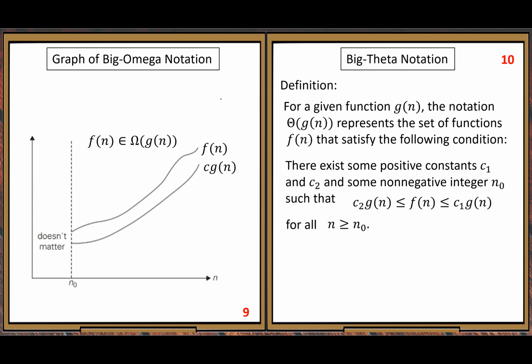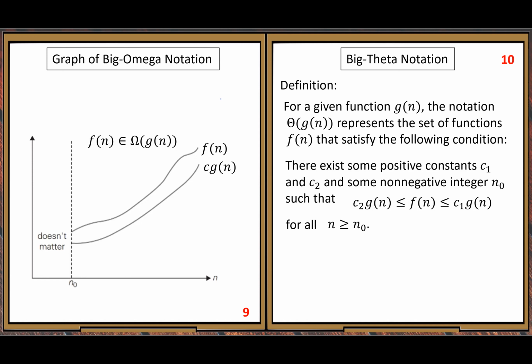So we describe big theta notation in 2 ways: limit language and inequality language, 2 different ways for big theta notation. So in total, at this point, 5 asymptotic notations.